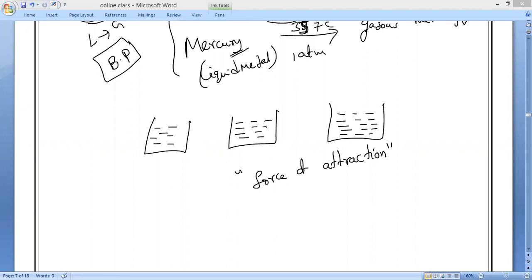So if you want to define any substance's characteristics, two parameters are needed. What are the two parameters? One is temperature. Another one is what? Pressure. Please remember that. Yes, that is called boiling point.